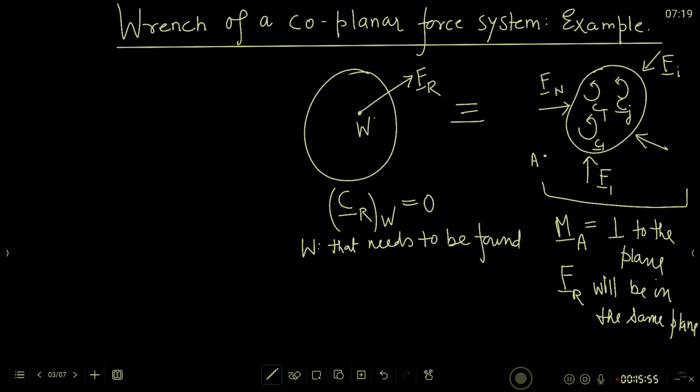So FR will be in this plane, and MA will have to be perpendicular to the plane, and that itself gives us this hint that when we go from this force system to this force system, there is no requirement to have a CRW which is parallel to FR.